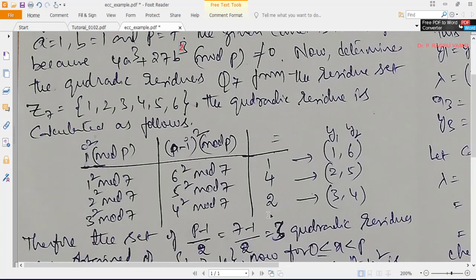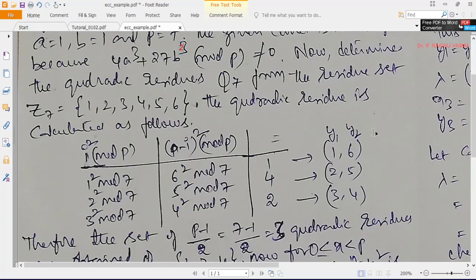These two result in the remainder 2. That means we got the remainder 1 with the quadratic residue pair 1 and 6, the remainder 4 with the pair 2 and 5, and the value 2 with the pair 3 and 4.